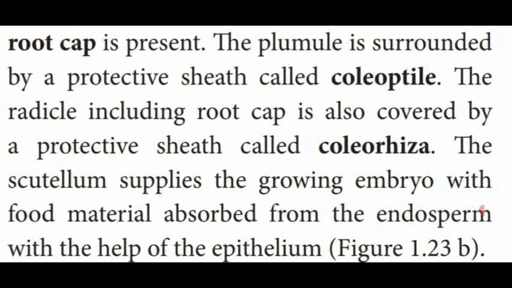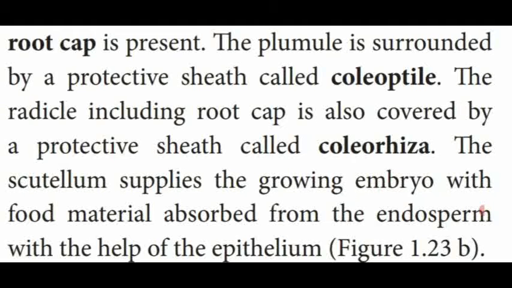It absorbs the food material from the endosperm via the epithelial tissue separating the embryo and the endosperm. That is the function of the cotyledon or scutellum present in the monocot seed. So that is the difference between a dicot seed and a monocot seed.